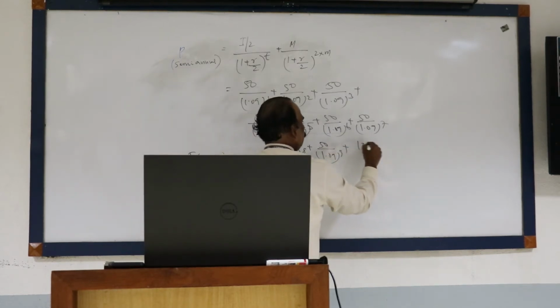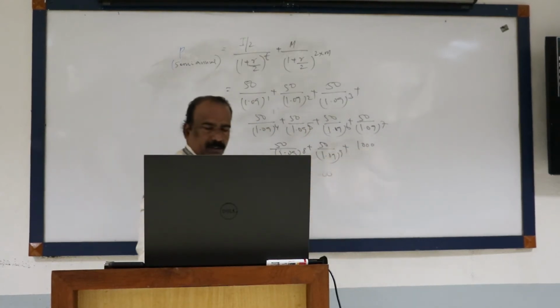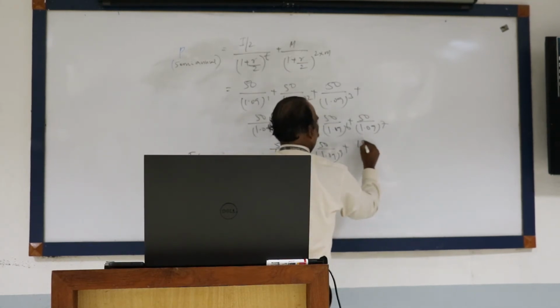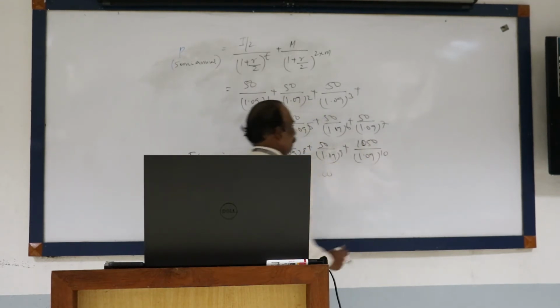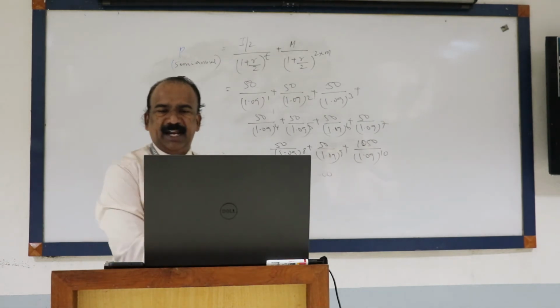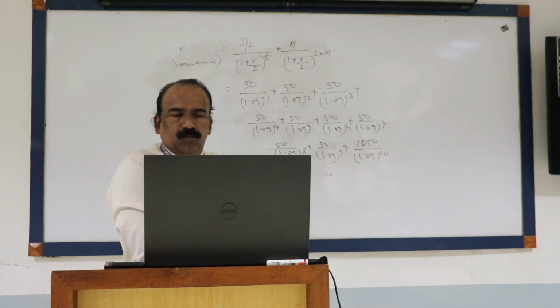The last one is 1050 divided by 1.09 power 10. So you have to calculate 10 times, not 5. That's the only difference.